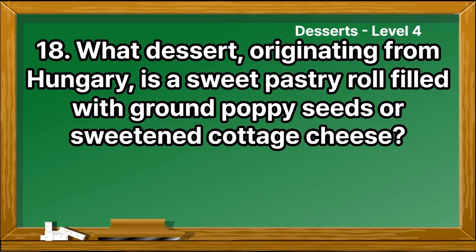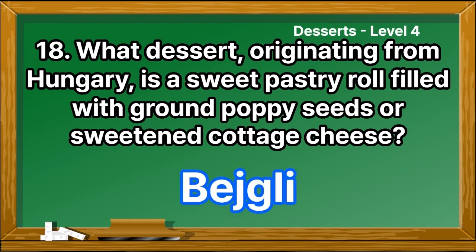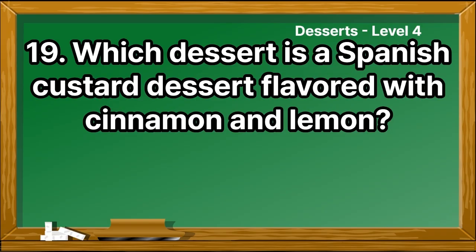What dessert, originating from Hungary, is a sweet pastry roll filled with ground poppy seeds or sweetened cottage cheese? Which dessert is a Spanish custard dessert flavored with cinnamon and lemon?